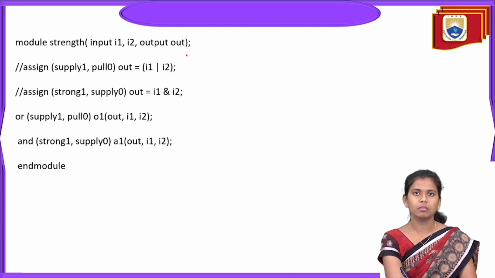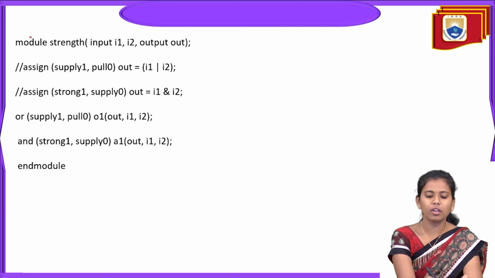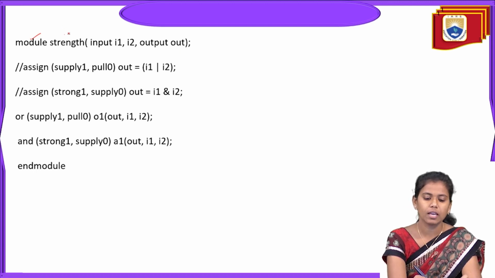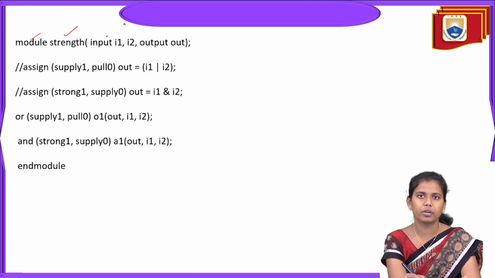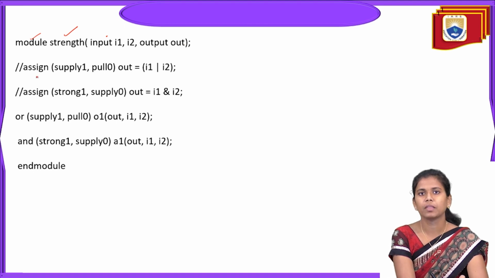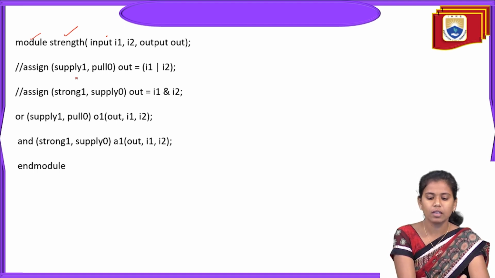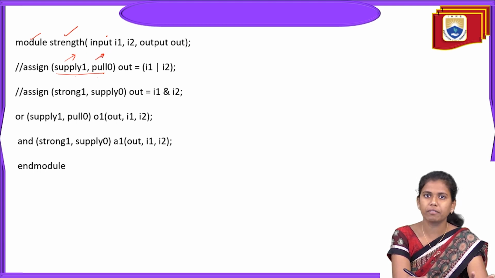In this example, module is a keyword that we are using, and strength is based on the strength levels that we need to consider. Then the port list, the output port, as well as the input port. Here assign is a keyword, with supply 1 and pull 0. So here we see two sorts of strength levels, the driving strengths: supply drive and pull drive.